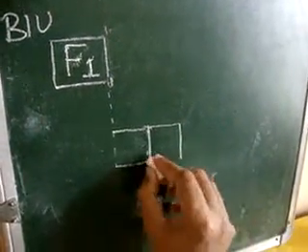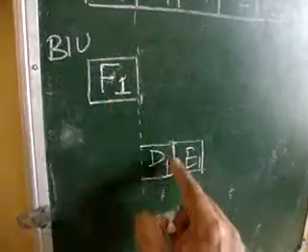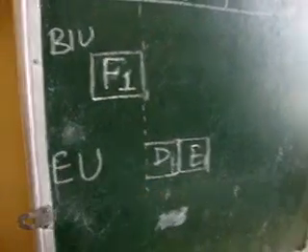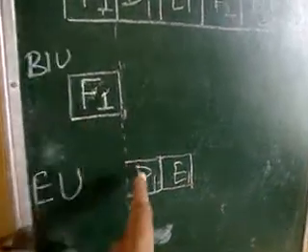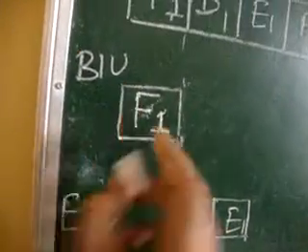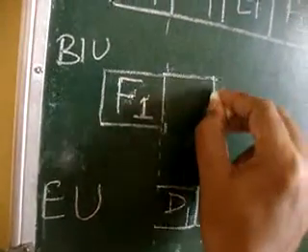Decoding and execution can be done after the fetching of this instruction. So this process will occur in execution unit. So when the first instruction is being decoded in execution unit, second instruction can be fetched in the bus interface unit at the same time.